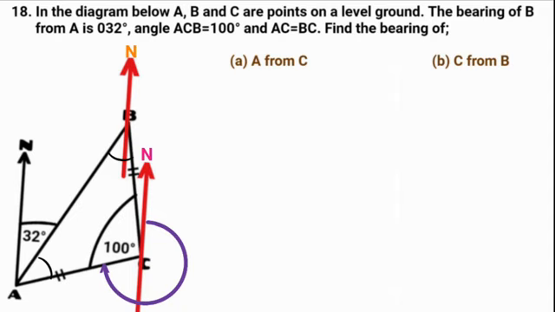Since the angle at C is given as 100 degrees, we can easily find angles BAC and ABC. We subtract 100 from 180 degrees, which leaves us with 80. Since these two angles are equal, we divide 80 by 2, which gives us 40 degrees here and 40 degrees there.